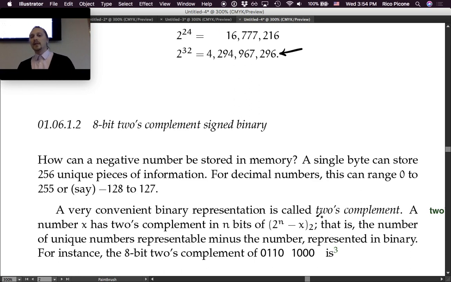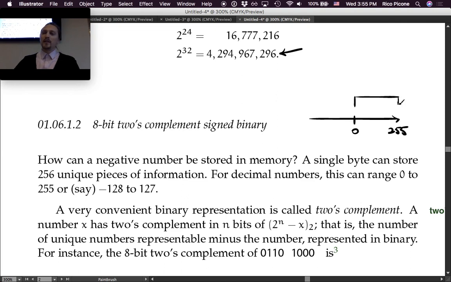For decimal numbers, this can range 0 to 255, or say negative 128 to positive 127. So if you have your number line here, instead of just going from 0 to 255, you have this many possibilities.